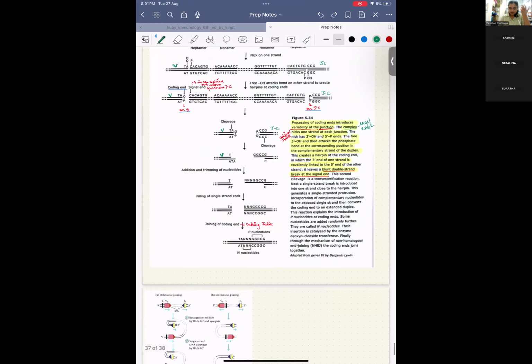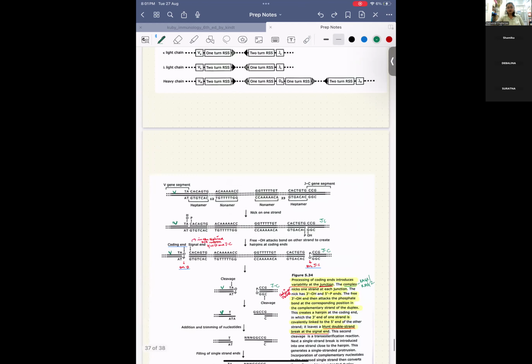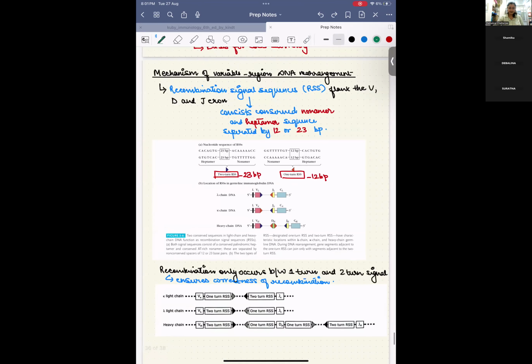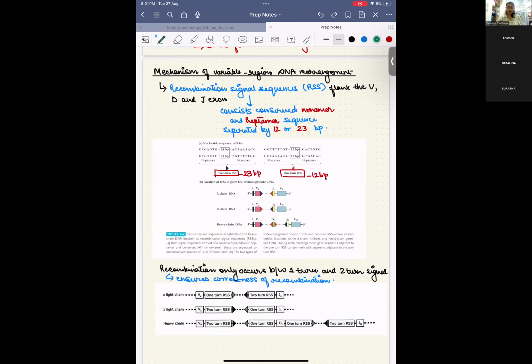Okay. So before we get into the mechanism, there are certain facts that we need to understand. The first thing is, in front of a V, D, and J exon, upstream of it, or the case can also be downstream, right? So over here, if you see this is a D sequence, and there is something upstream of it, and there is something downstream of it also.